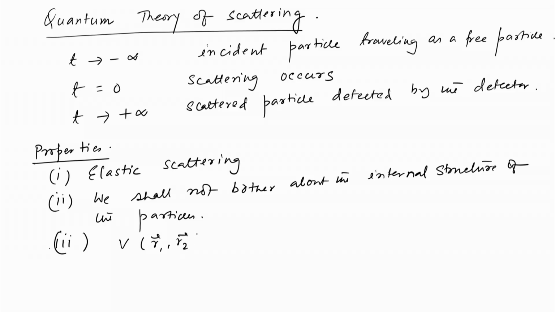So, V of R1, R2, that is a two body potential, actually depends only on the relative coordinates, and that is about it. So, these are some of the properties or constraints of scattering, and then of course, we can also talk about the effective mass, which is given by mu, which is m 1 m 2 divided by m 1 plus m 2.